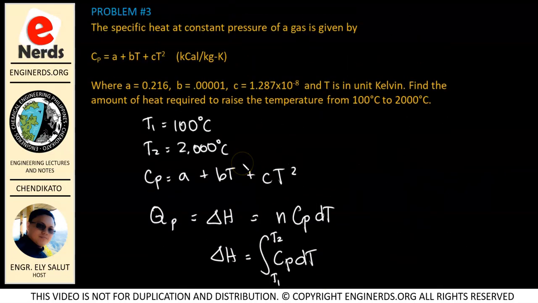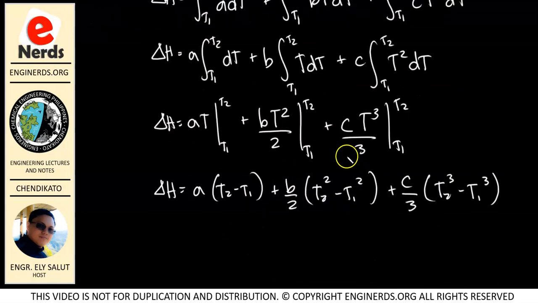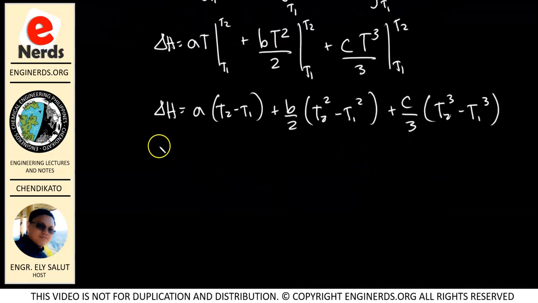However, we need to express this in Kelvin, because as you can see, our Cp is expressed in unit Kelvin, no? So plus 273.15, this is equal to 373.15, then plus 273.15, we have 2273.15.